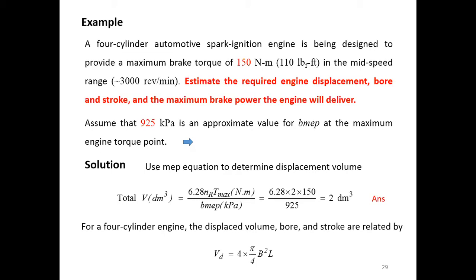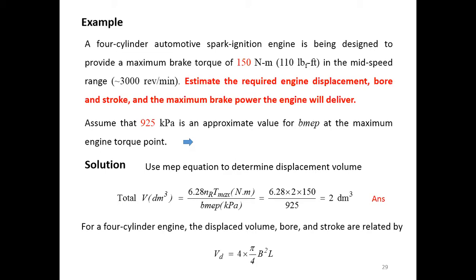So what does the designer have to do? They have to find out the engine geometry. They have to estimate the required engine displacement, which is the displacement volume of the engine, the bore of the cylinders, the piston bore also, and the stroke.